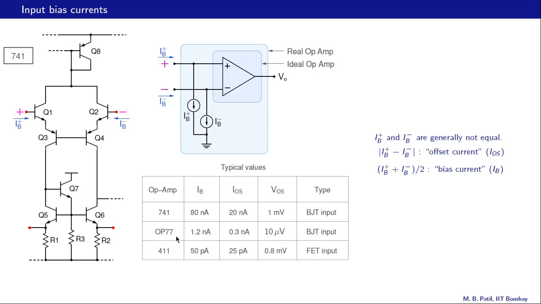For op 77, IB is 1.2 nanoamperes, much smaller than IB for 741, and IOS is 0.3 nanoamperes. Op amp 411, which is a FET input op amp, IB is even smaller, only 50 picoamperes, whereas IOS is typically 25 picoamperes.